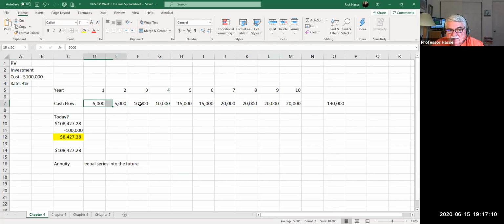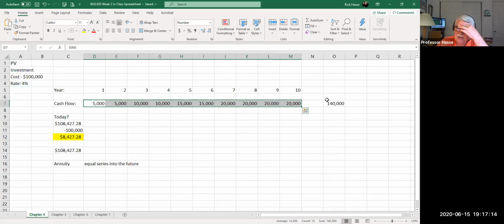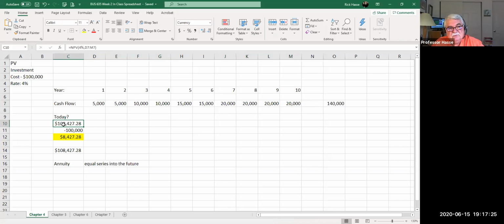Well, this $140,000 is the amount of money generated off this investment, but what is the value of this investment net today? So we learned, or we saw, how we discounted this cash flow back to today's dollars, which is usually called year zero, at a rate of 4%, and we came up with the calculation of $108,000.